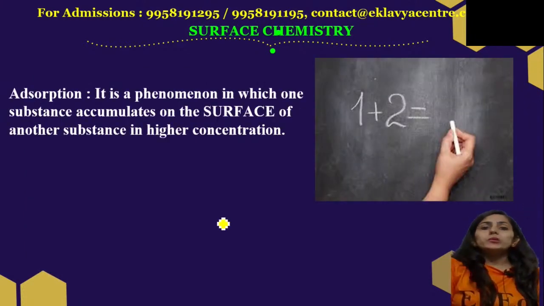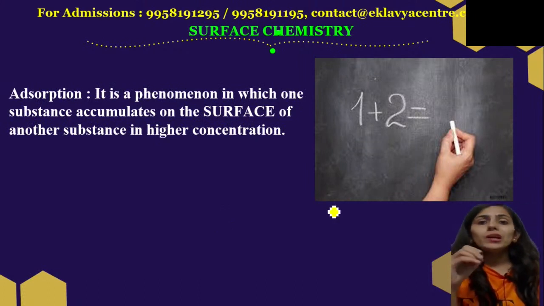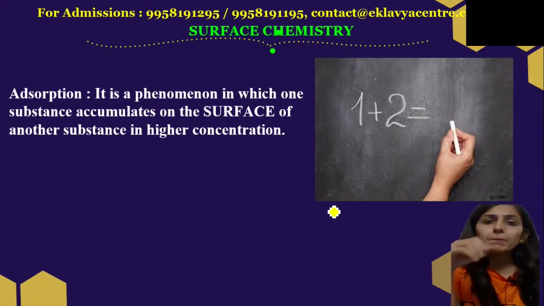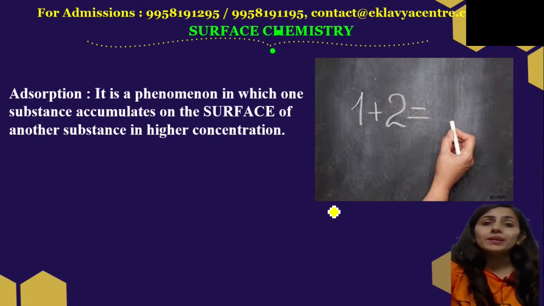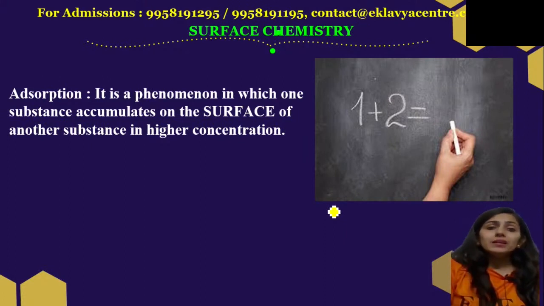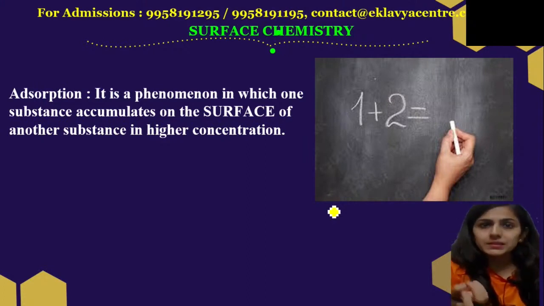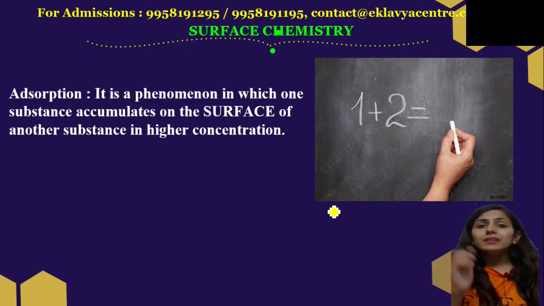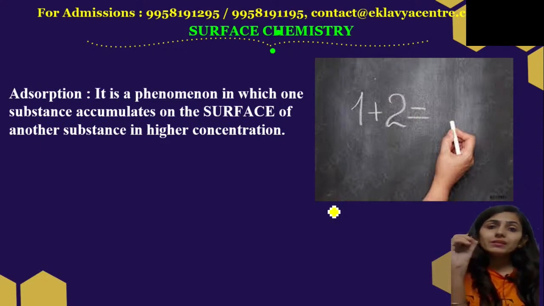Now what is adsorption? Suppose we try to write on a blackboard with the help of chalk. The blackboard is black in color. When we write with chalk and rub the chalk, you will see white particles present, right? So this is an example of adsorption, and these chalk particles will not get deeper inside the blackboard.